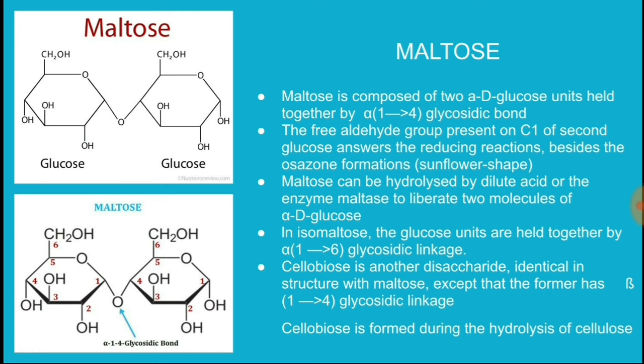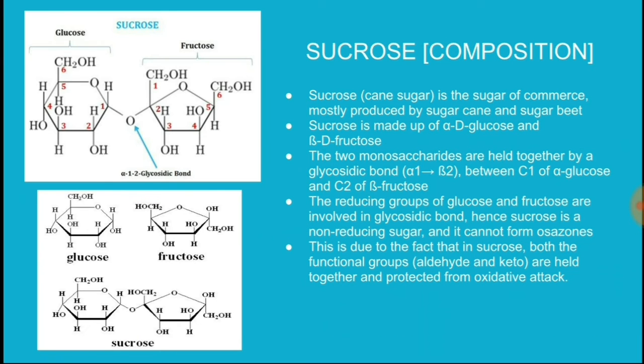Moving to the next type of disaccharide, which is sucrose. Sucrose is one of the sugars of commerce, that is, it is very much used in the market as well as in our day to day life. This sugar is referred to as cane sugar because it is obtained from sugarcane and beetroots.